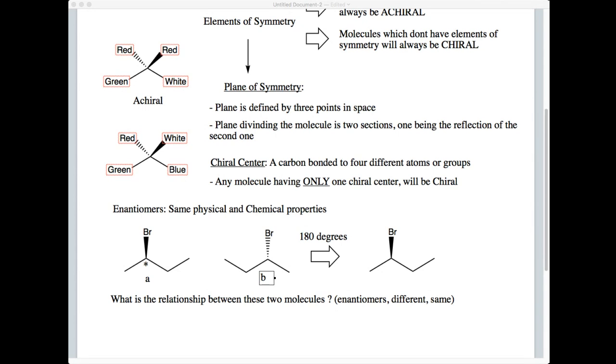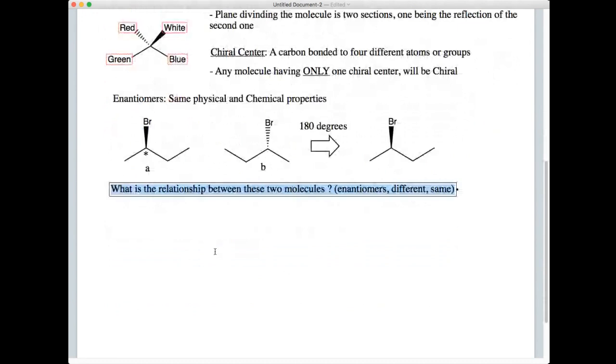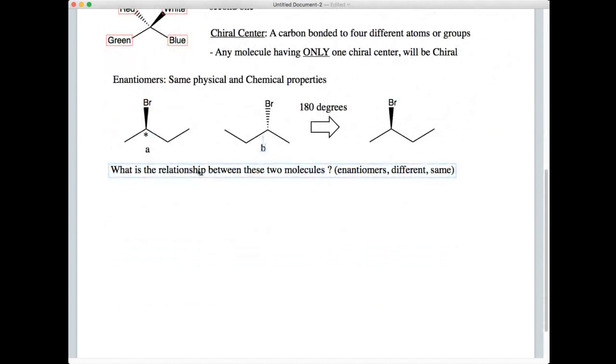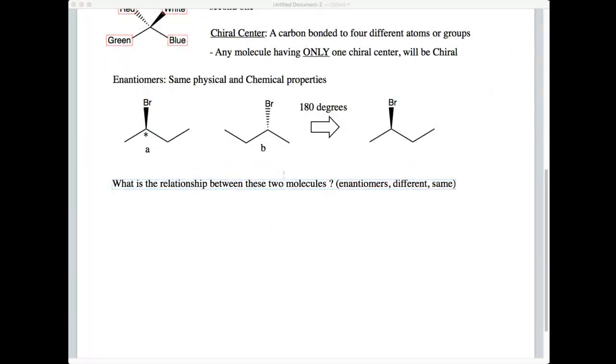Once again, I did the flipping, you guys got it. So what's the relationship between molecules A and B? Right, so everybody seems to be clear.